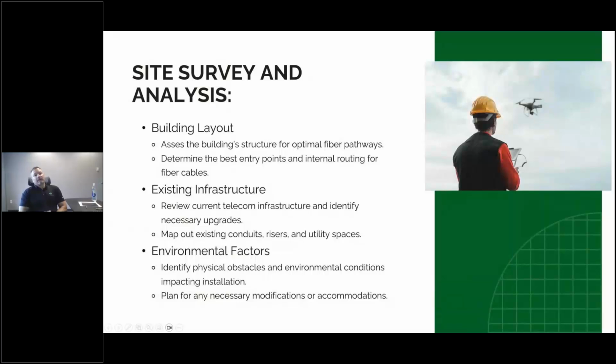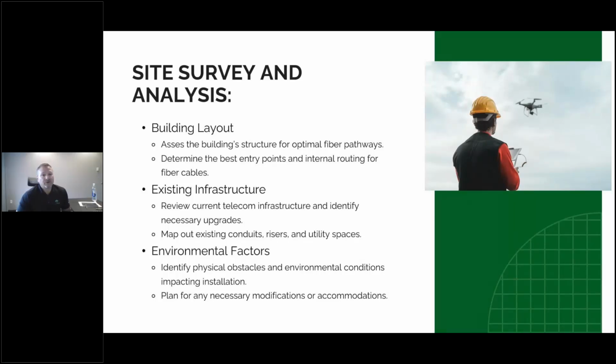Site survey and analysis is one of the biggest things that we pride ourselves on doing up front, because the more you analyze and get it to our designers, the easier things become. For the building layout, we want to assess the structure, how we're going to make the pathways, whether there are stackable closets or existing pathways, and basically design the best place to enter the building and get to each one of the residents.